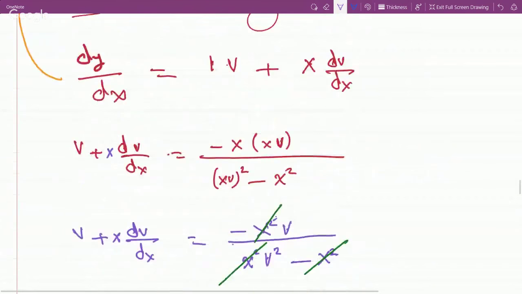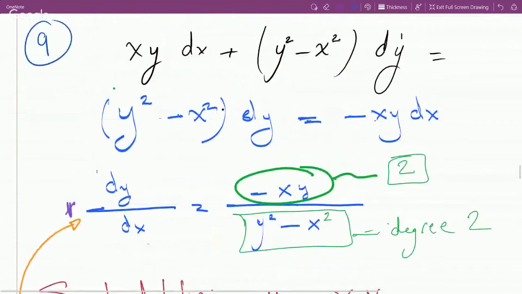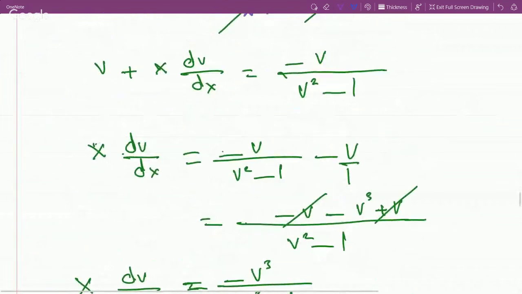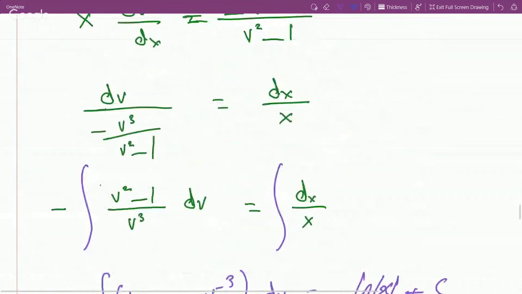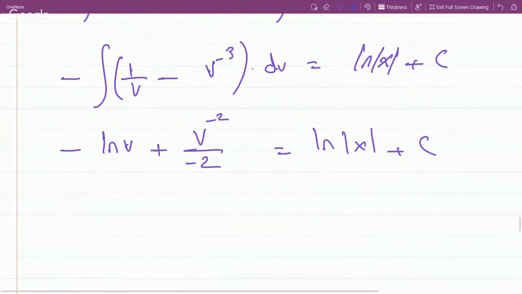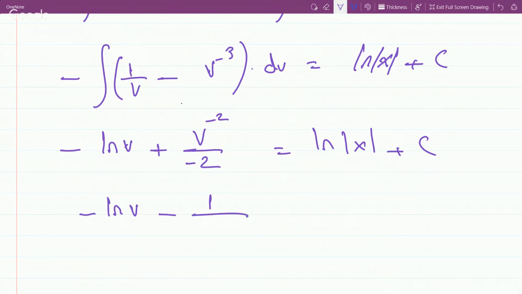So we get minus ln v minus 1 over 2v squared equals ln x plus c.